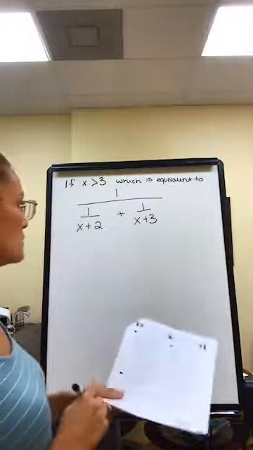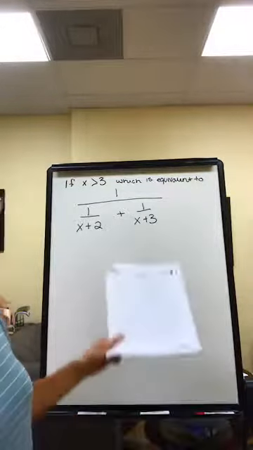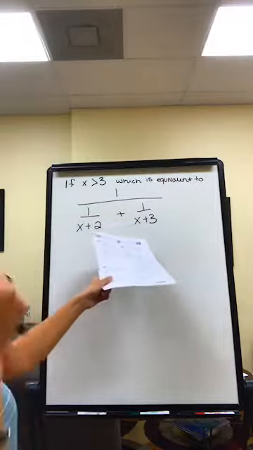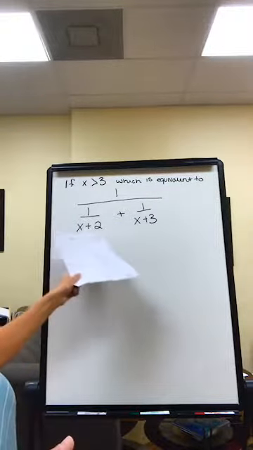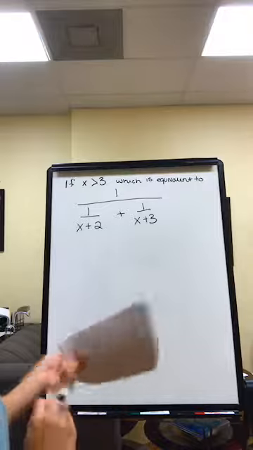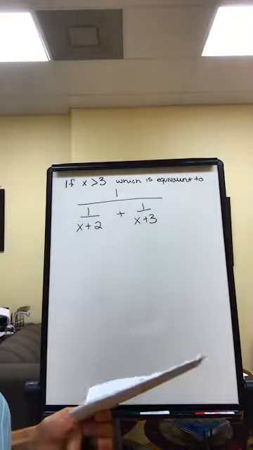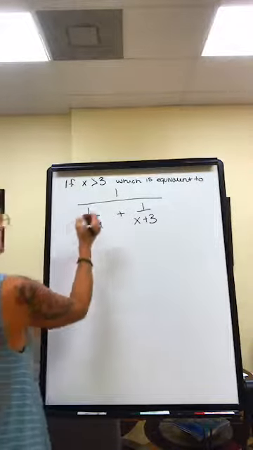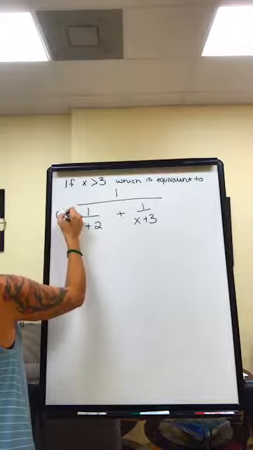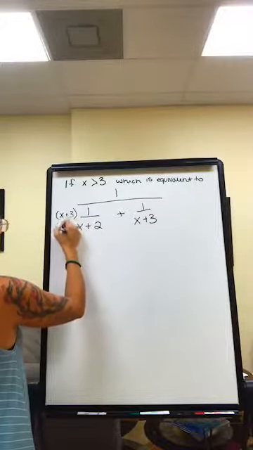So the first thing we want to do is add those two fractions on the bottom. So we're going to take this by itself, and we're going to make them have the same denominator. So I'm going to multiply this side by x plus 3 over x plus 3.